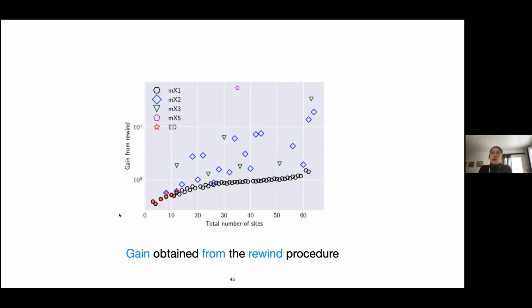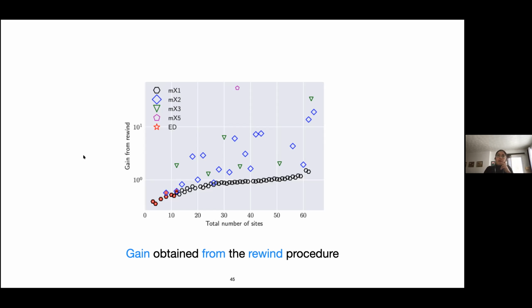On the y-axis, what we have is the gain from the rewind procedure. It's the ratio of the cost of the method without rewind over the cost of the method with rewind. By cost, recall that the cost of the projective measurement will be 1 over the gap of your Hamiltonian, and this is basically the number of times you have to call the unitary to perform such a measurement.